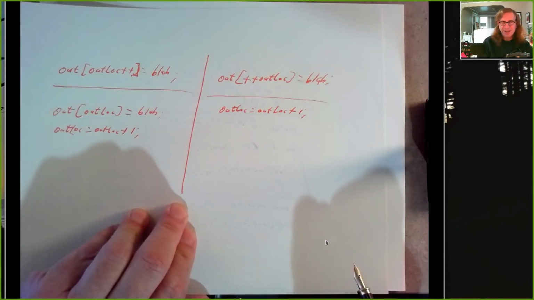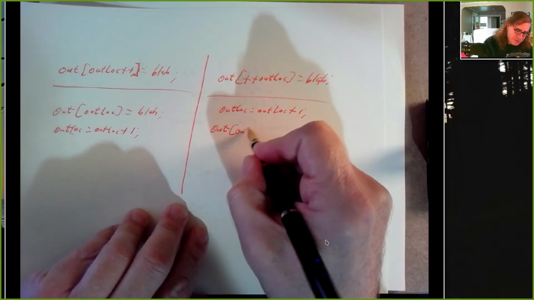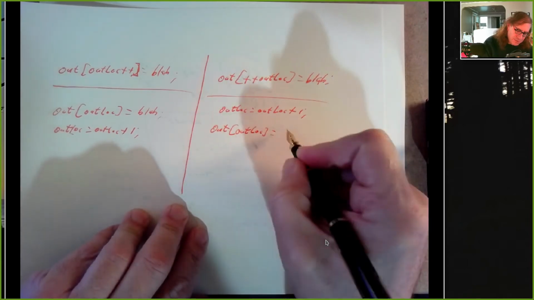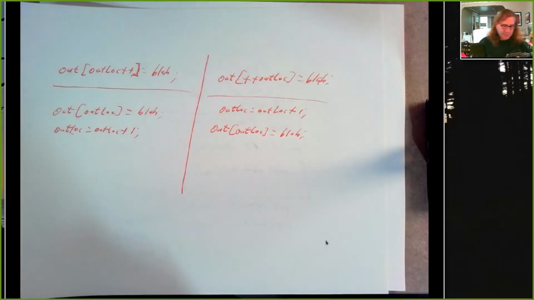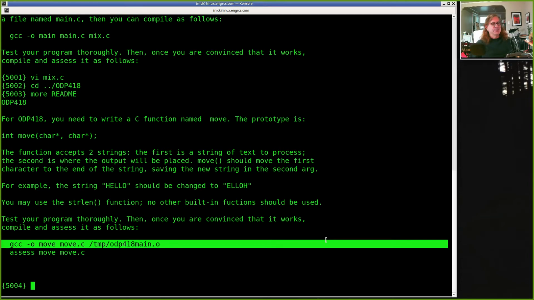First increment the value of this output location and then use it in your assignment. So it's just a shorthand. All right, other questions about this?